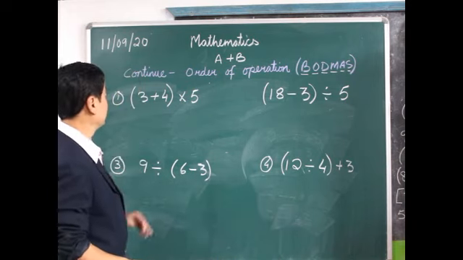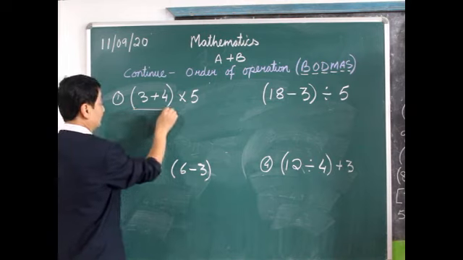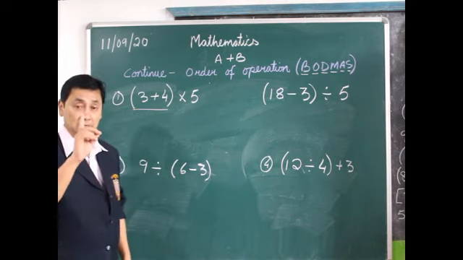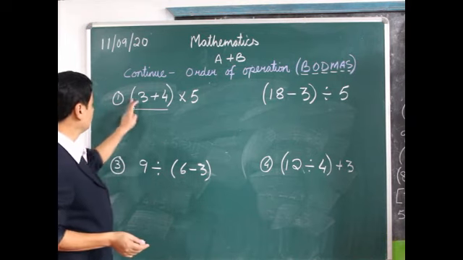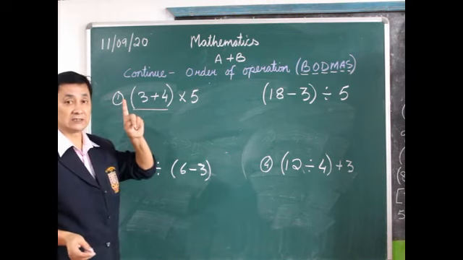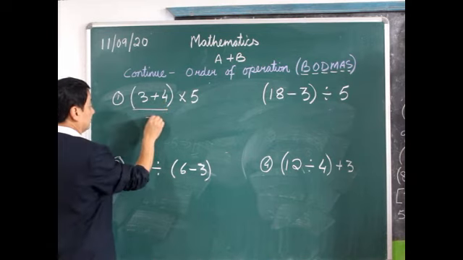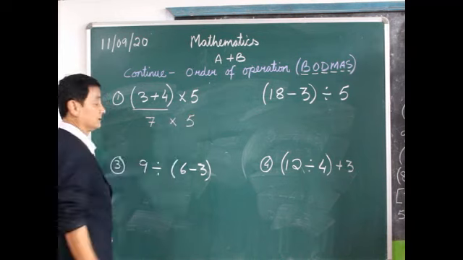So in BODMAS, what should we do first? We must do brackets, whatever is inside the brackets. Now whenever there is one number, we can open the brackets. So let's open this bracket, because when we add, we get one single digit. So 3 plus 4, 7 into 5. So simple.